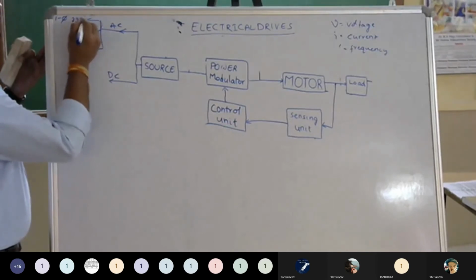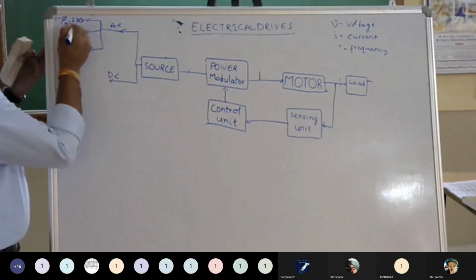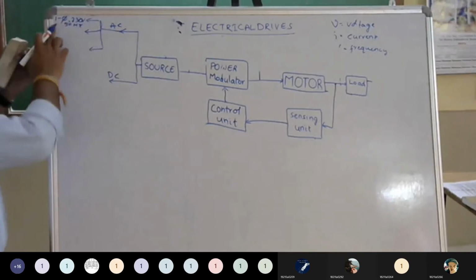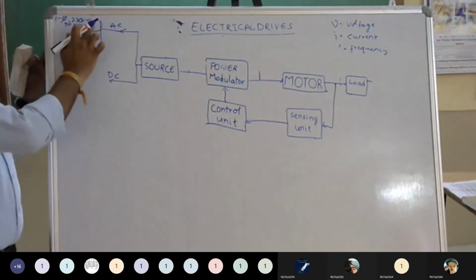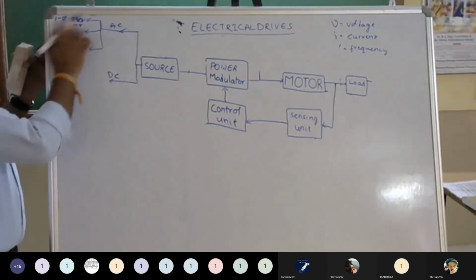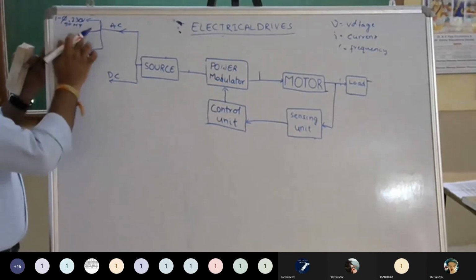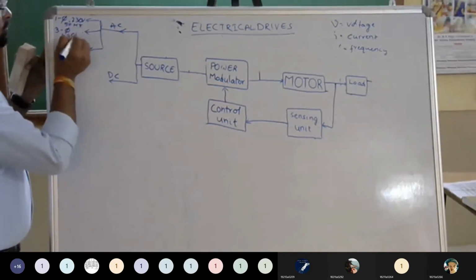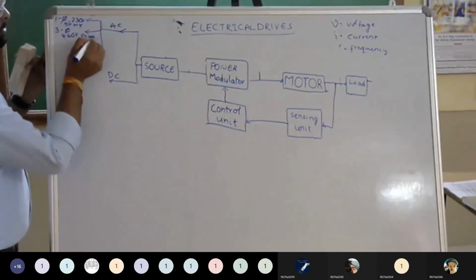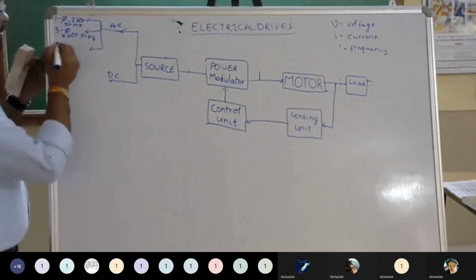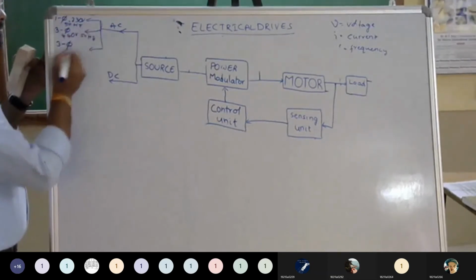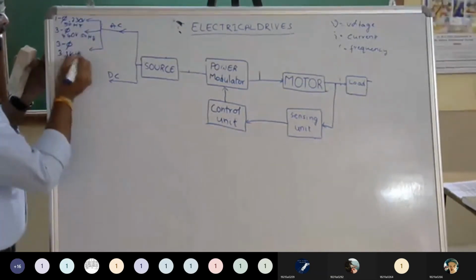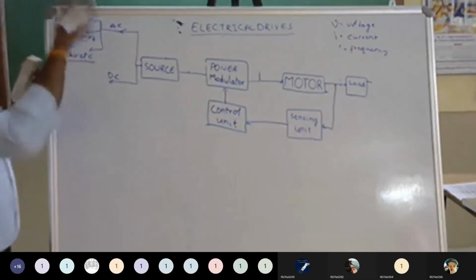So what is our frequency? 50 hertz frequency. So for low power drives, we will go with the single phase 230 volts 50 hertz, and for medium power we will go with the three phase 440 volts 50 hertz, and for high power we will go with the three phase and greater than 440 volts, like 3.3 kV and so on.